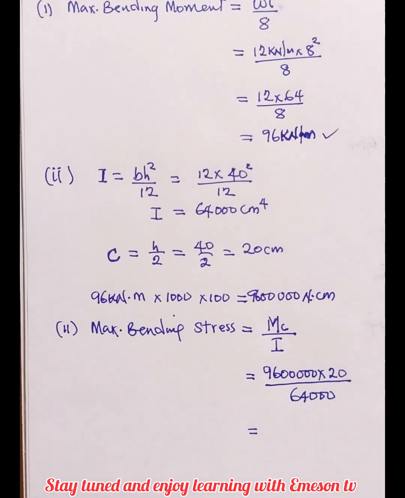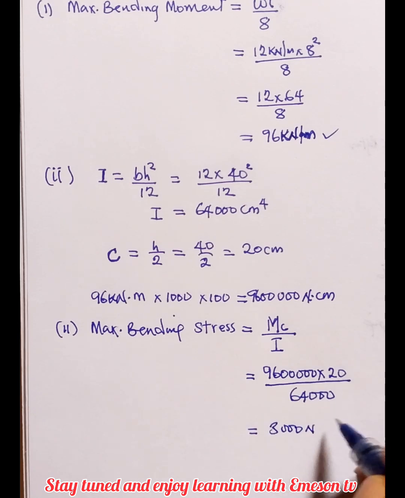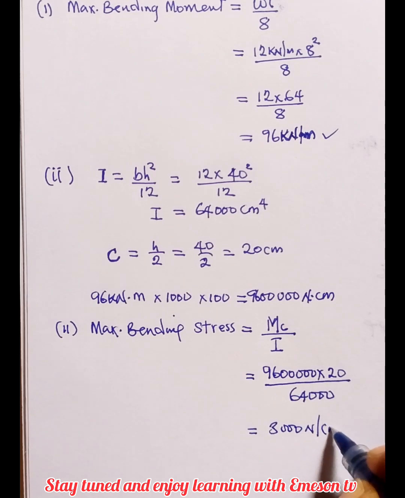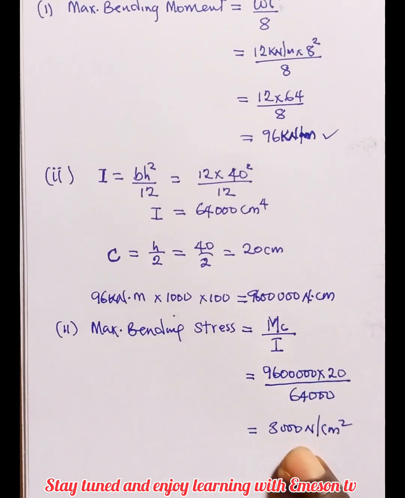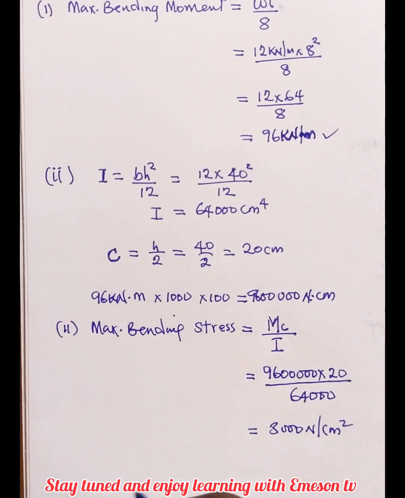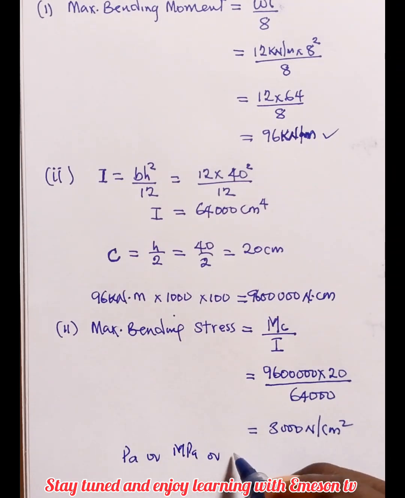So let's punch this out. We have 3000 Newton per cm square. So this is the value for maximum bending stress, but remember that maximum bending stress, the unit is always either in Pa or in MPa or in PSI.